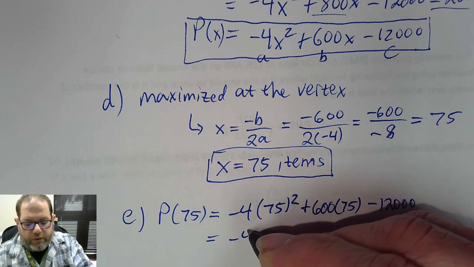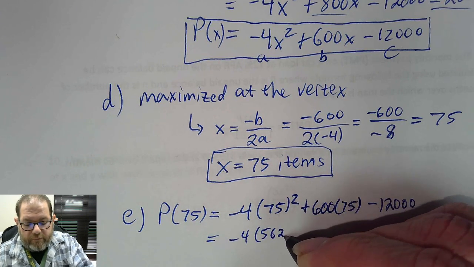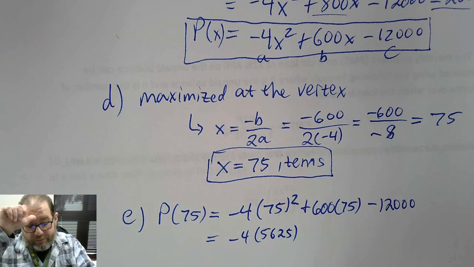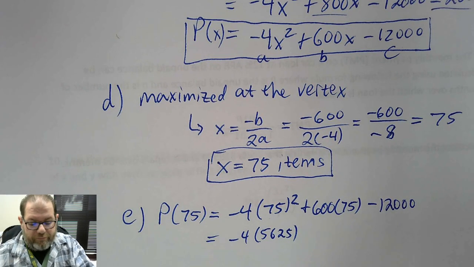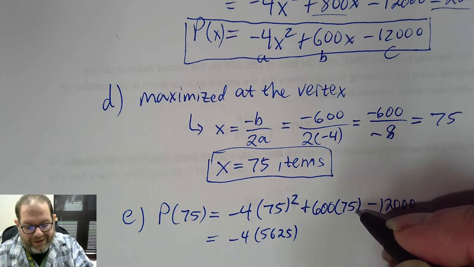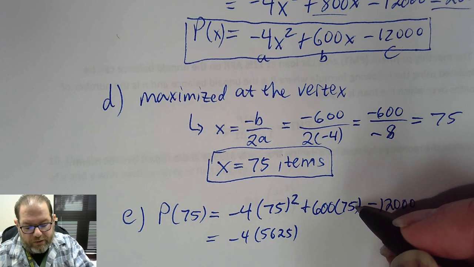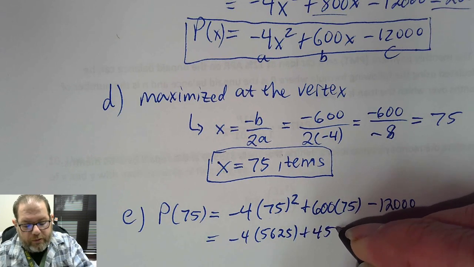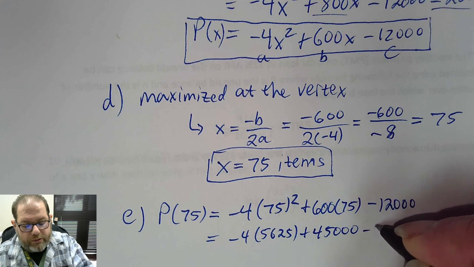75 squared is 5625. 600 times 75 is 45,000. I need to get a calculator out. Anyway.